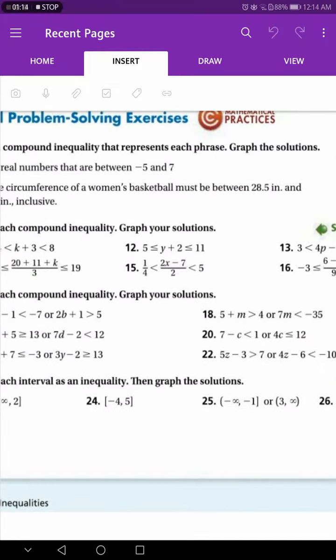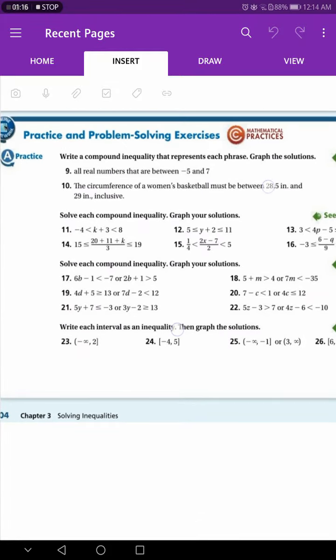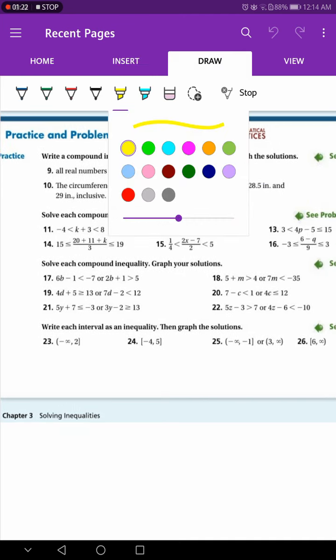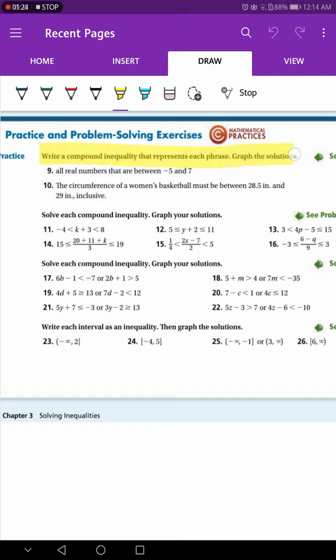The first one here: write a compound inequality that represents each phrase, and graph the solution. The first one is all real numbers that are between -5 and 7.